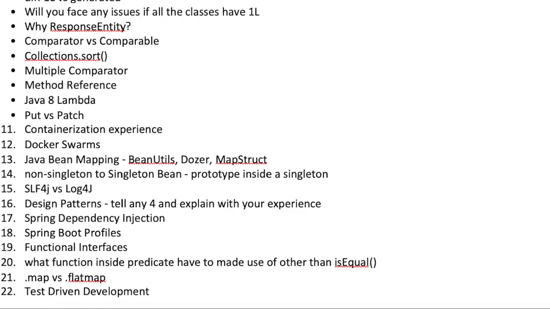So then there was a question about what is the difference between dot map and dot flatMap. You can give different examples. For example, map is used to convert one stream into another stream. Let me give you an example. Let's say there's a student object, and inside the student object there's a variable called subjects, which is a list of Subject.